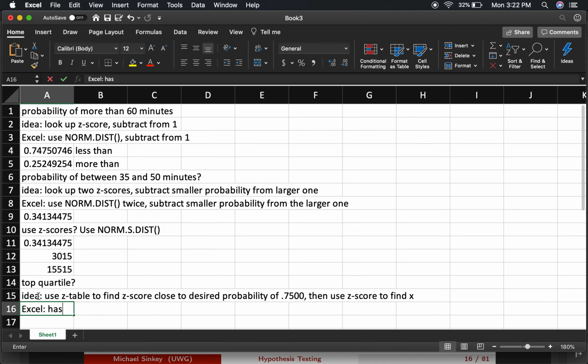Excel has a built-in function, norm.inverse, that will do this all in one step.